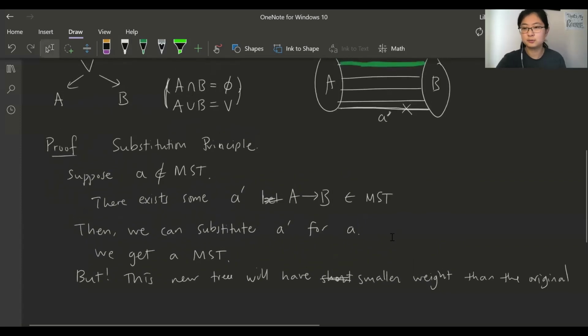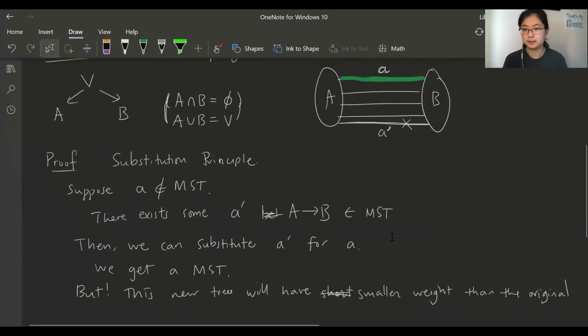Well, the only edge that changed between the old spanning tree and the new spanning tree is that we substituted in A for the old A prime. Since A is the shortest one between A and B, the weight of A is definitely smaller than A prime, and therefore we have a smaller weight.